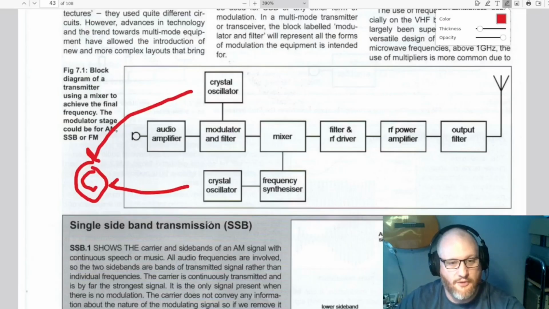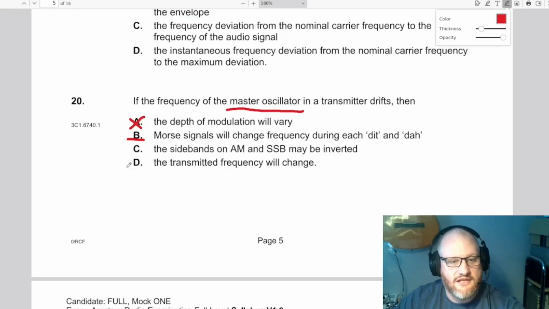This one master oscillator is driving both of these for this particular architecture, and so everything is going to be correct relative to that master oscillator. So yes, the sidebands on AM and SSB are unlikely to be inverted because relative to the master oscillator, nothing is changing. It's just the master oscillator itself that is changing. So I think we can scrub out answer C.